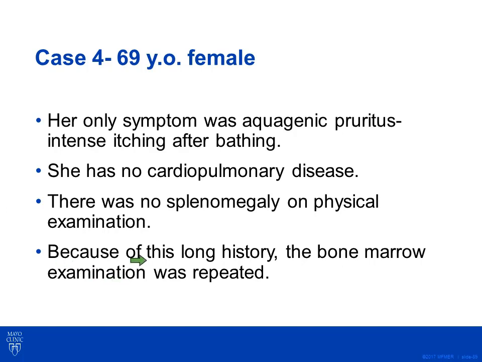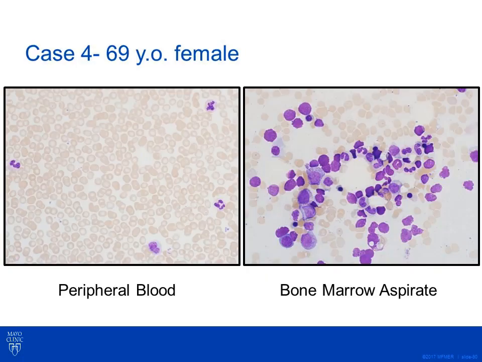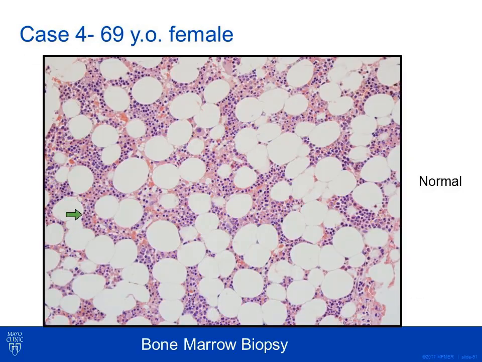Because of this prior diagnosis, perhaps because of this symptom and a long history, the bone marrow examination was repeated. You can see here the peripheral blood looks entirely normal, and on the bone marrow aspirate here on the right, normal appearing red and white blood cells or precursors. Here is her bone marrow biopsy.